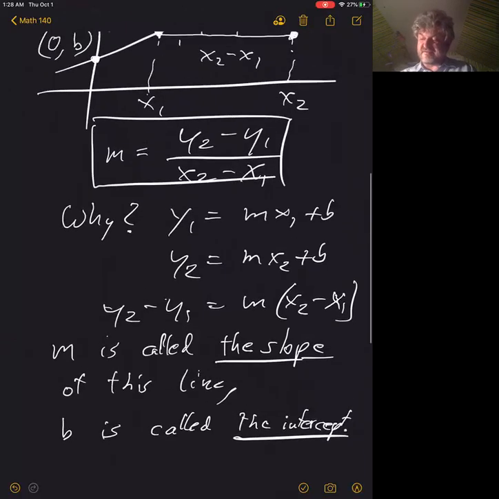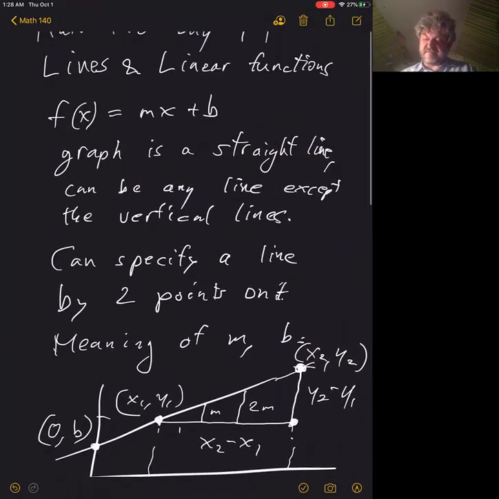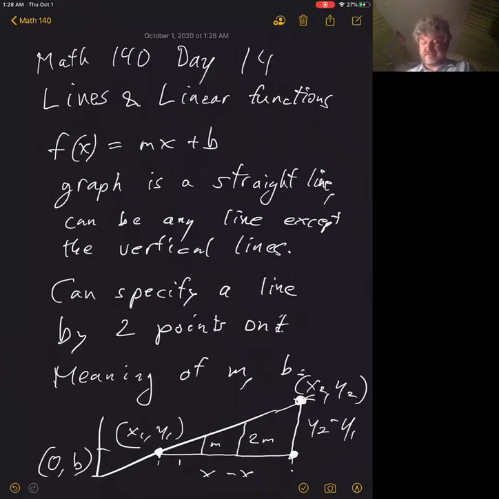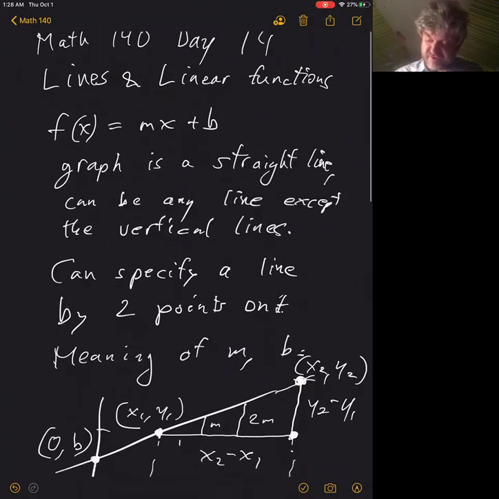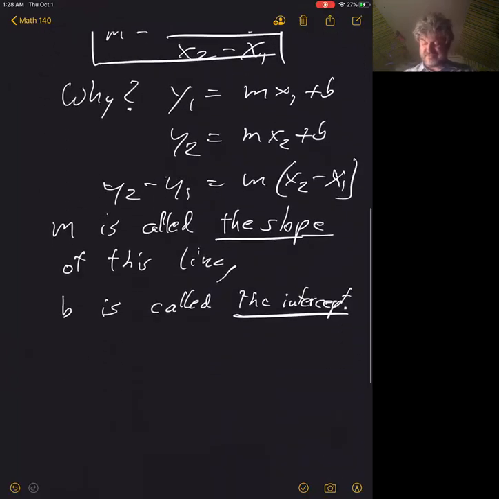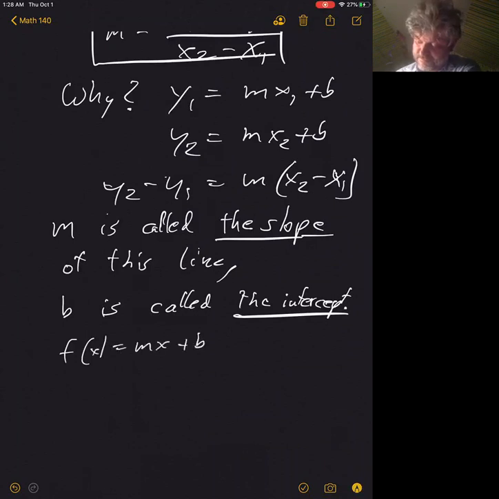And now, surprise, when we write f of x is mx plus b, that's called the slope-intercept form of an equation for such a line. There's other forms. Slope-intercept form of an equation, or slope-intercept equation.